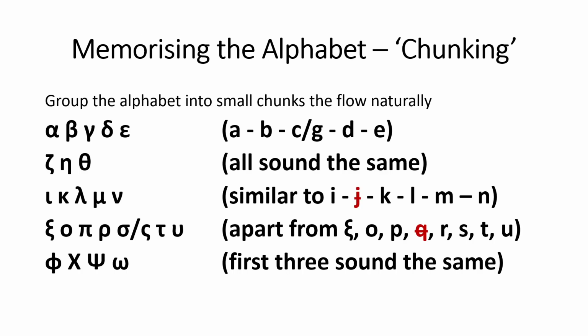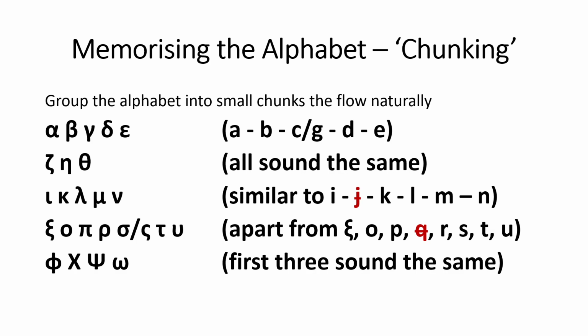Okay, so in this section, we want to try and order the Greek alphabet. And the best way to do that is to memorize small sections in chunks. And you can see here I've written something on the right-hand side in brackets to help us remember what the chunk is. So first of all, we have alpha, beta, gamma, delta, epsilon.